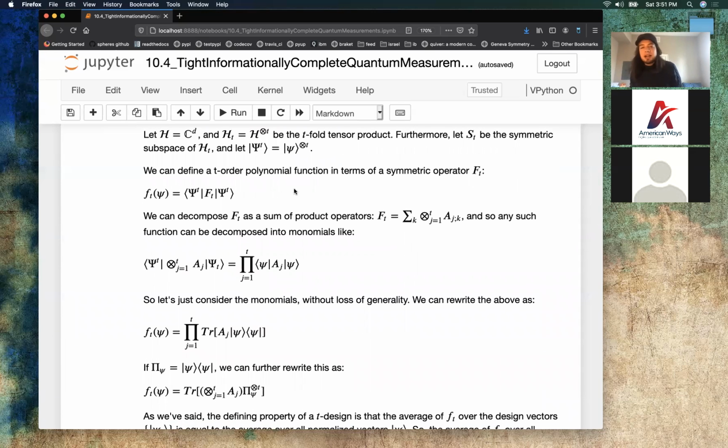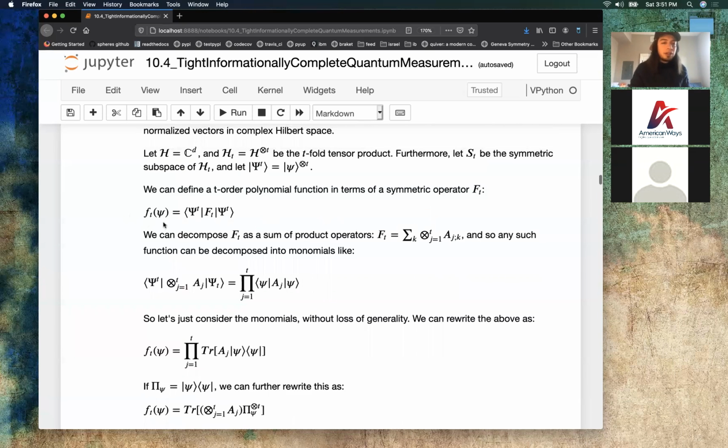So we can define a t-th order polynomial function in this setting in terms of a symmetric operator called big F. We can write F evaluated at some psi as the bra-ket of psi tensored with itself t times, with this symmetric operator in the middle.